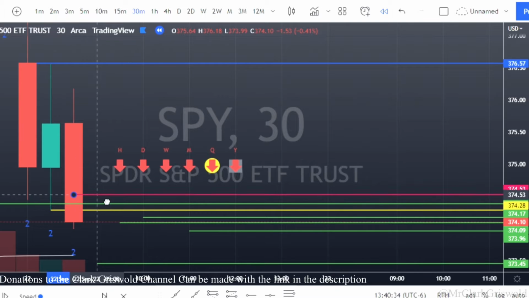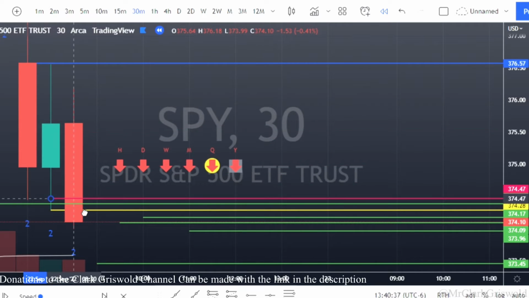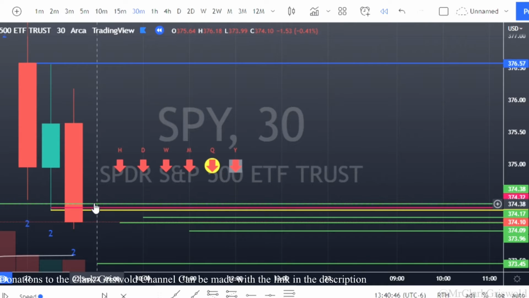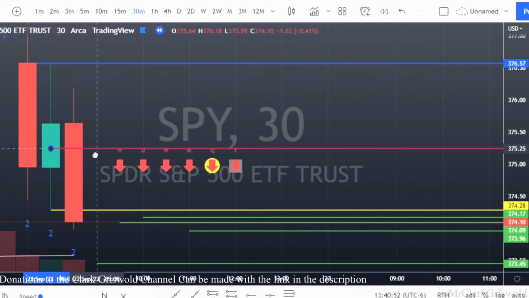So now we came back through that range. Okay? So again, where do you put your stop loss? Because we didn't hit a trigger yet. Okay, so you're either at that trigger as your stop loss or 50% of the previous bar. So again, you're looking at a dollar move. Okay, 374.28 to 375.29.